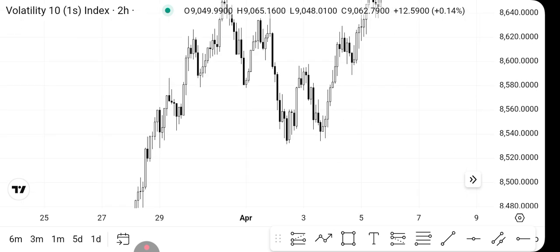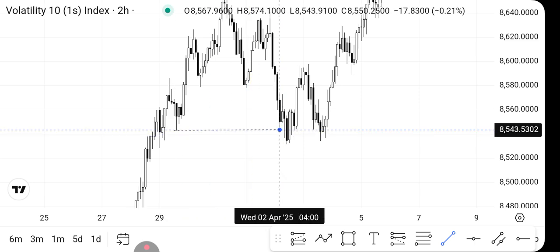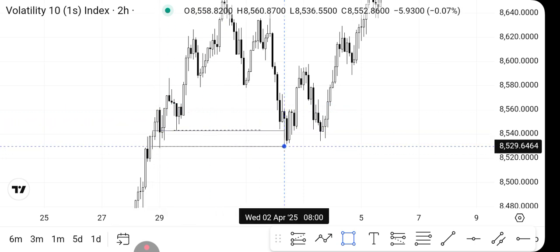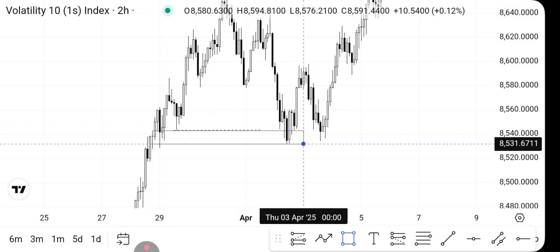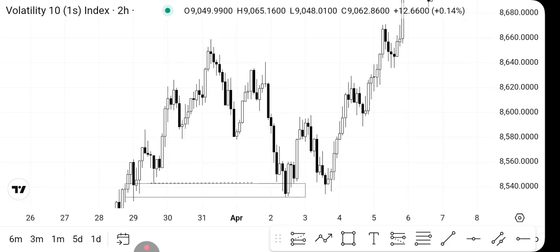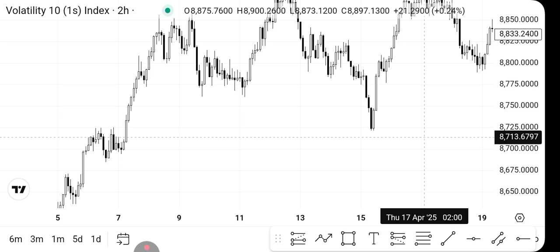So this is our inducement, and the origin. You can see the sweep there, immediate sweep. Okay, so what else here?